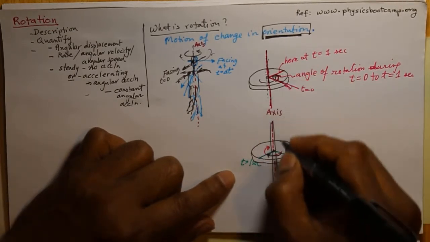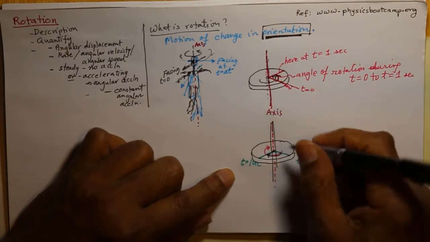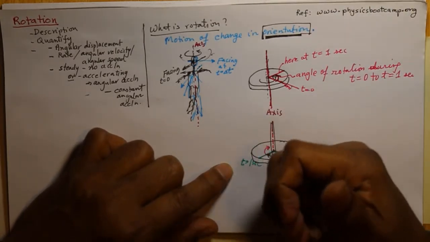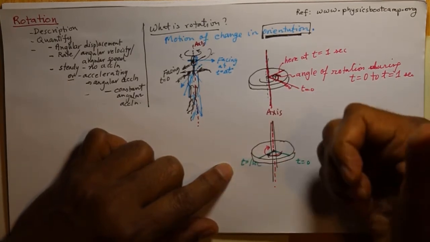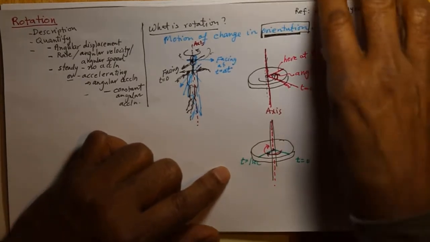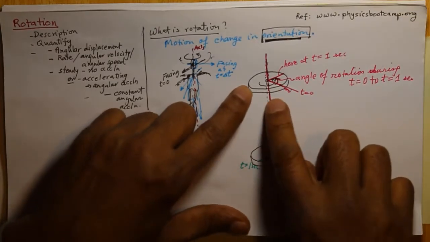So the way we distinguish quantitatively is we use a right hand rule. There are several ways to do it, and you can look into a couple of other ways in your textbook.